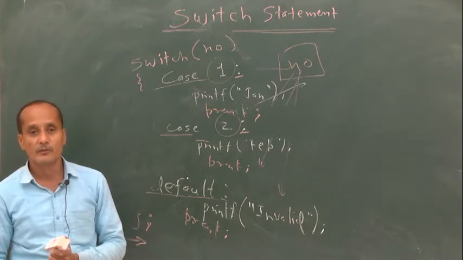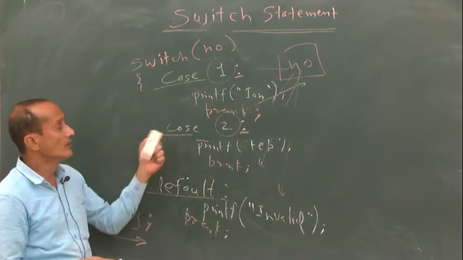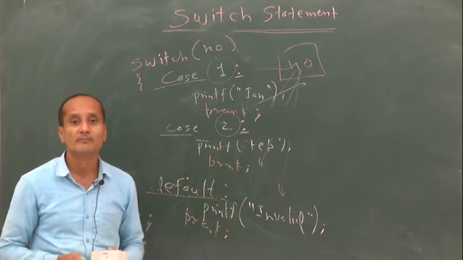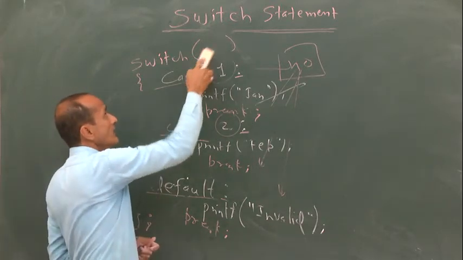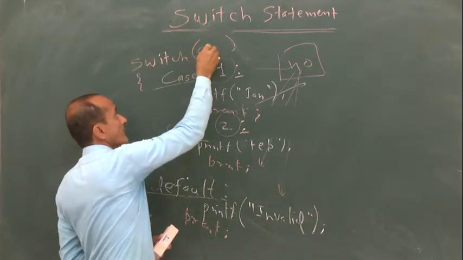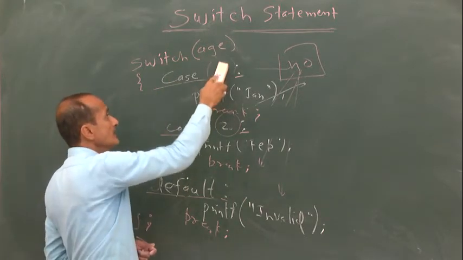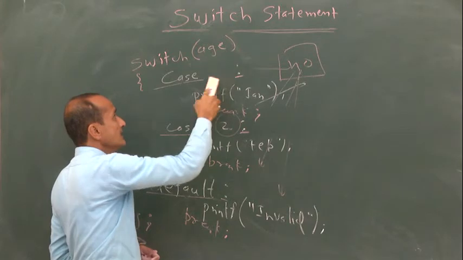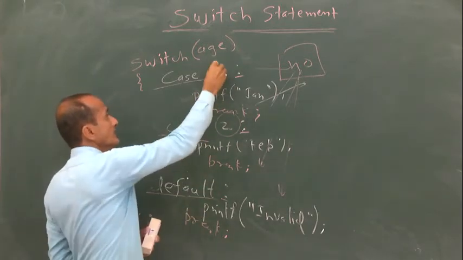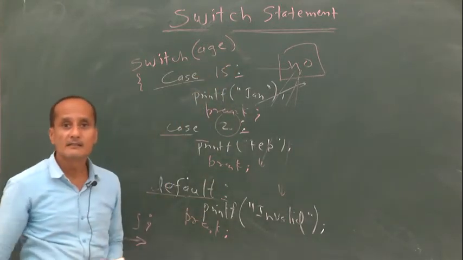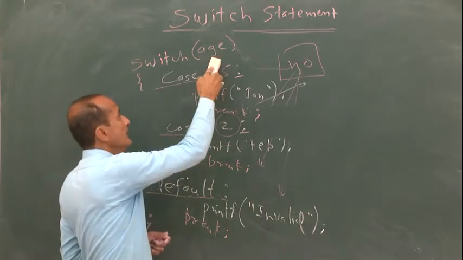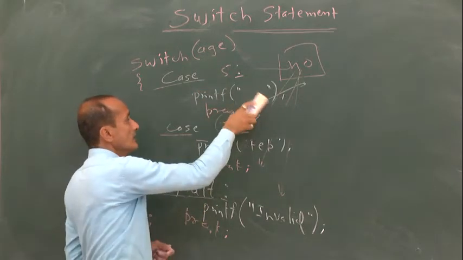Now let us consider one more thought. If I want to convert it for another case of age group, where number is not the variable, it is age, switch on age. If the age is something like 5, then what do you call that person? That person is a child.